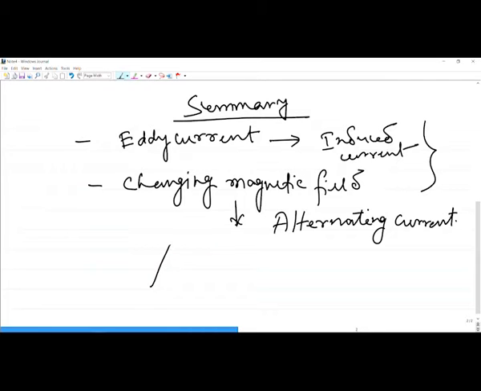We also saw that these currents flow in a particular pattern like this, which resembles the eddies that form in a flowing stream of liquid when it encounters an obstacle, and that is how the name eddy current is given to these induced currents.